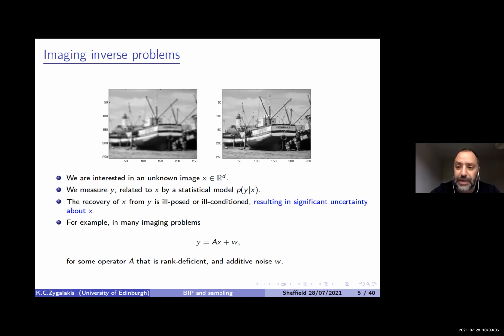The simplest model, and this is the model that I'm going to be studying today, assumes that y is related to x by a linear relationship. A is a matrix, which most of the time is rank deficient. Hence the point I was making: even if you didn't have the noise w, you couldn't just invert A because it is rank deficient.